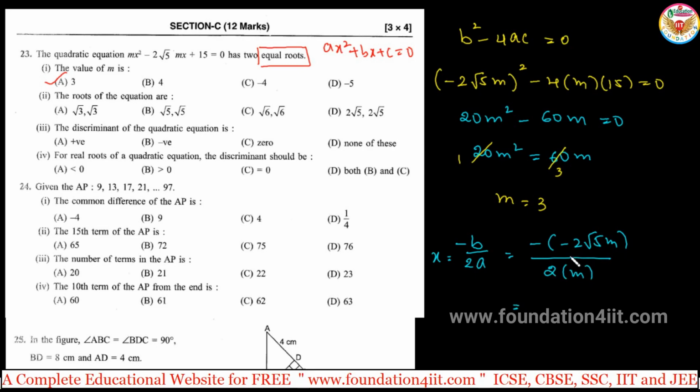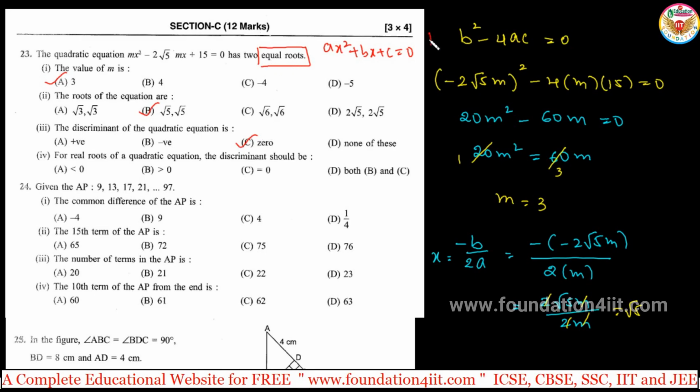So just cancel: minus and minus make plus, 2 root 5 m by 2m, just cancel this. Then root 5. The roots are equal, so one root is root 5 and the other root is also root 5: root 5 comma root 5.